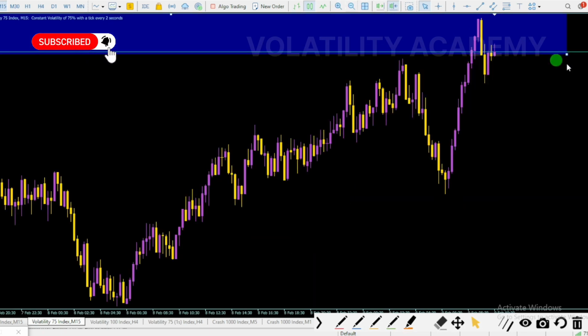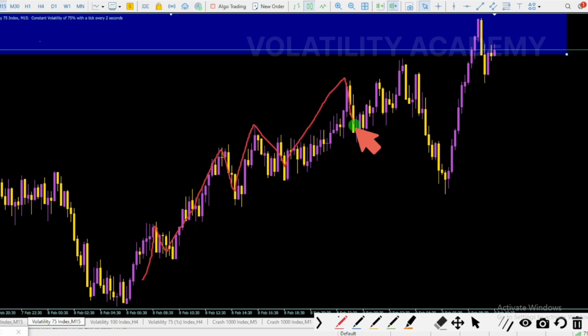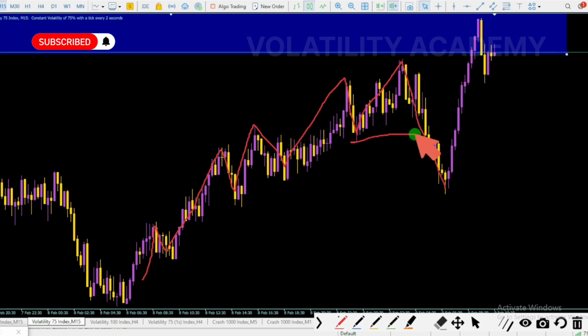On the M15 time frame, I am only concerned about the market structure. You can see what the market was doing. It's been breaking structure to the upside, and look at what happened right here. It broke structure to the downside, and someone who is not good with market structure would have sold around this place, because this is a beautiful supply zone.